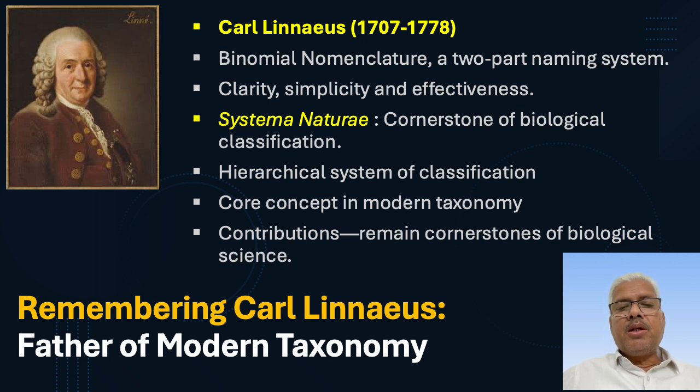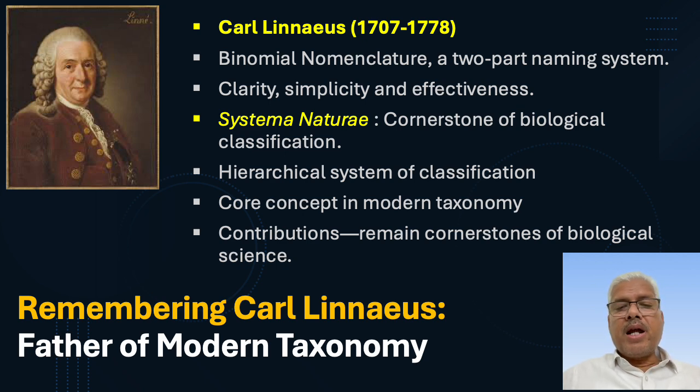Binomial nomenclature by Linnaeus also established a hierarchical system of classification, organizing organisms into nested groups based on shared characteristics. This hierarchical structure, from kingdom down to species, provided a framework for understanding the relationships between different organisms.